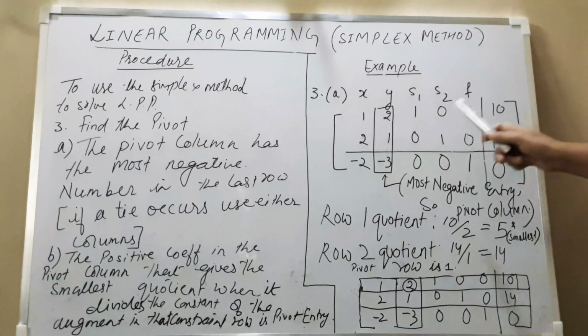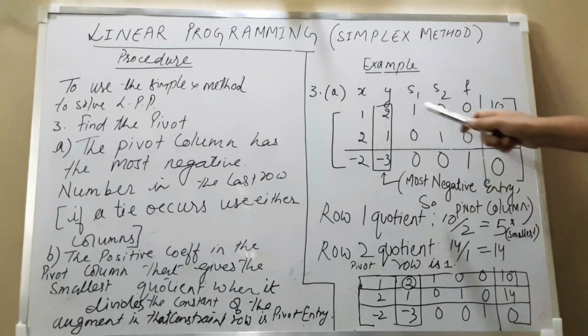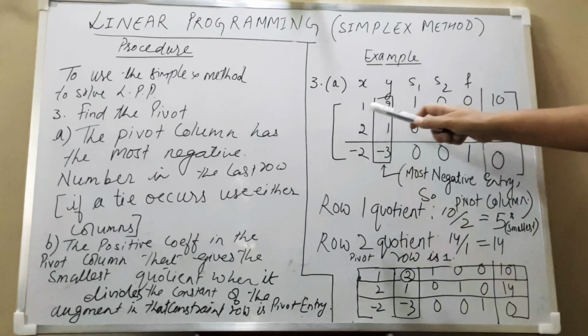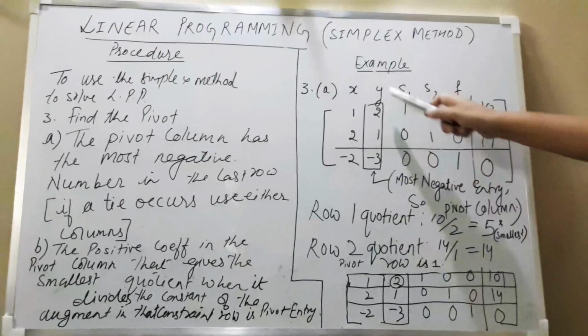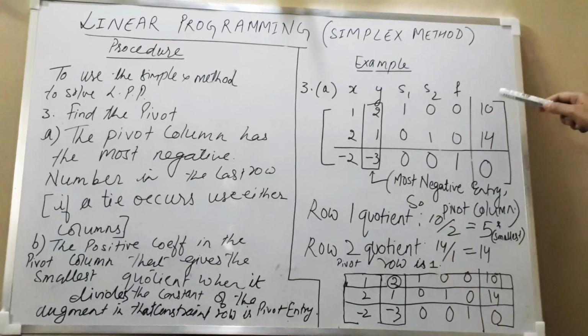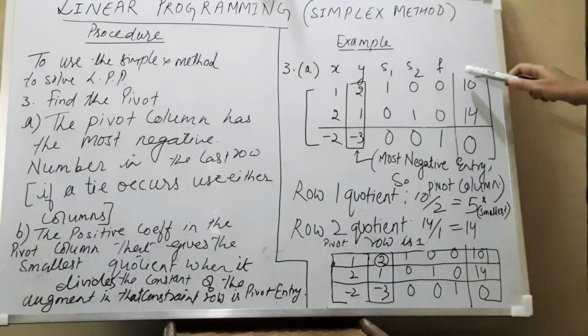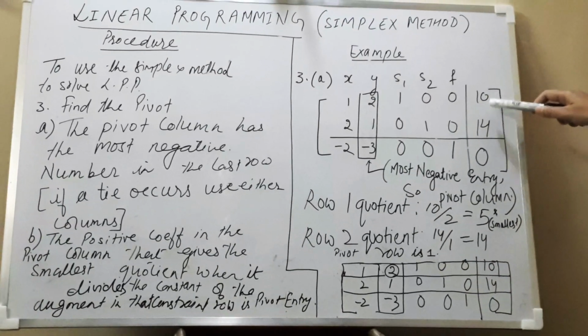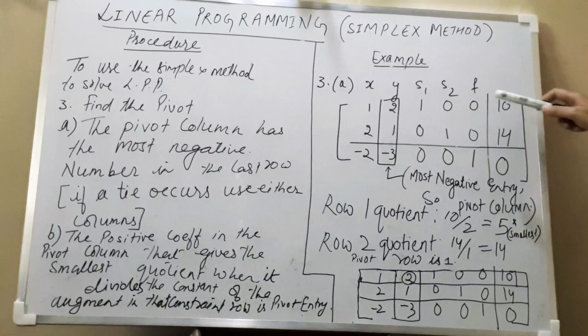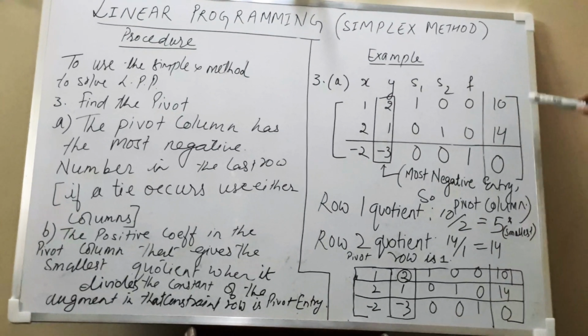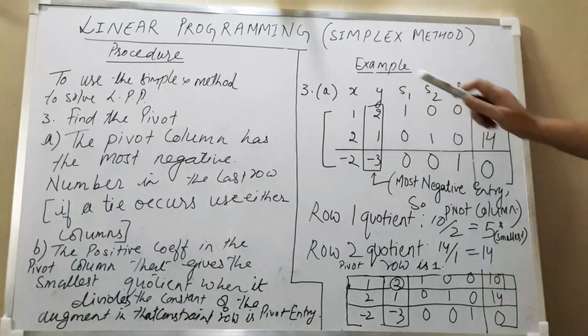Now the positive coefficients in this pivot column, when they divide the constants in the augmented column, whichever gives the smallest quotient becomes the pivot entry.